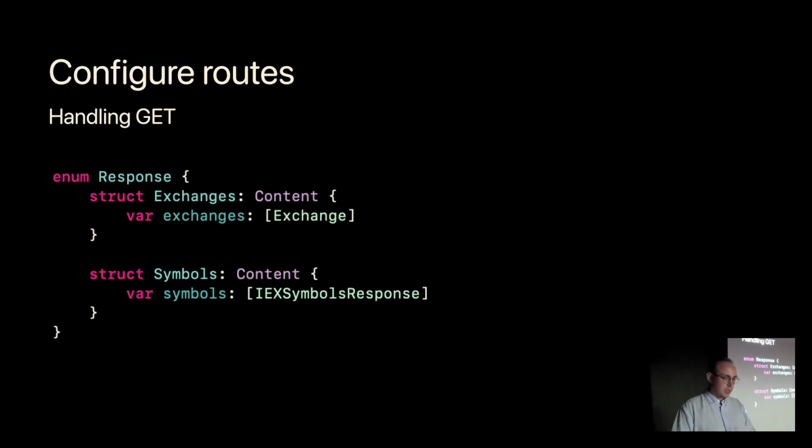Because my endpoints are meant to return an array of all the exchanges in the whole world, I've got an exchanges response that has a parameter with an array of exchanges. Again, super simple, but it suits my purpose and it works. That's really all that I need.